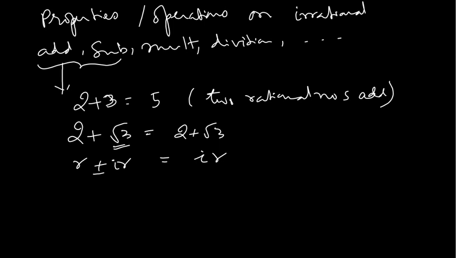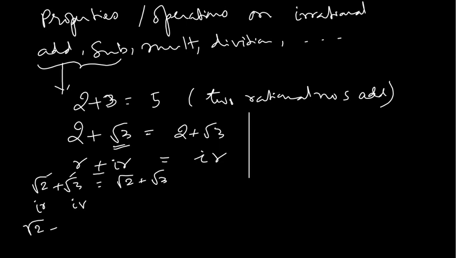Now comes the multiplication. Before that I need to explain what happens if I add two irrational numbers. This is irrational and this is irrational. They still remain the same because both are two different things.